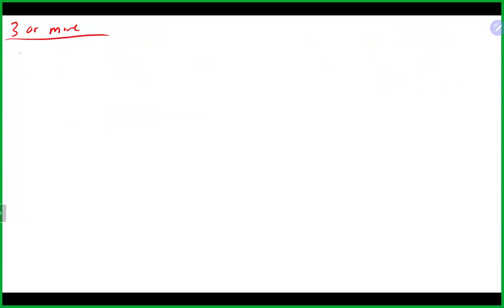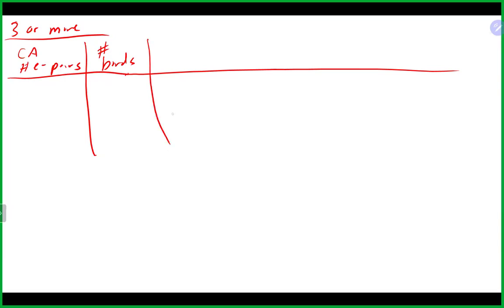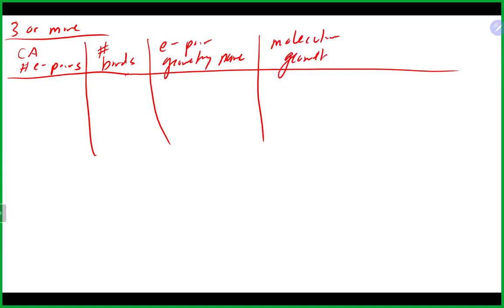You want to look at the central atom always, the number of electron pairs. You want the number of bonds. And this will give you an electron pair geometry name, and we'll have a molecular geometry name, our shape.